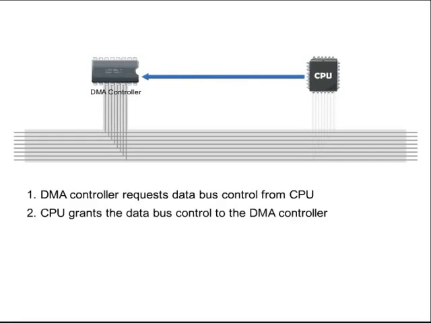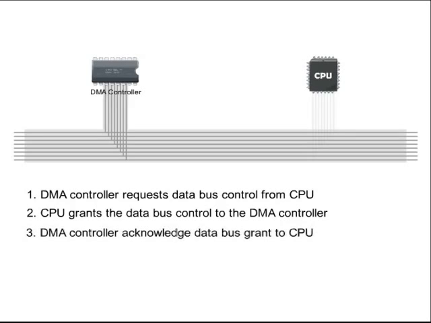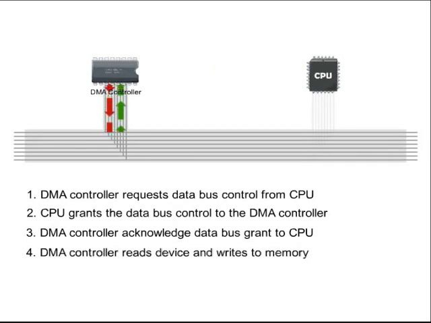To this, the DMA controller acknowledges the data bus grant to the CPU. Finally, the DMA controller reads the device and writes to memory. At the end, the DMA controller generates an interrupt request to tell the CPU.